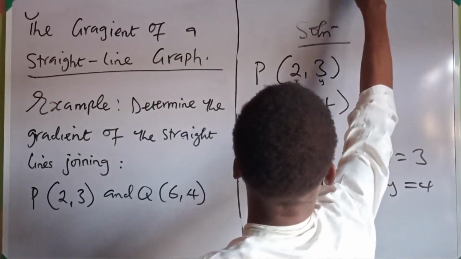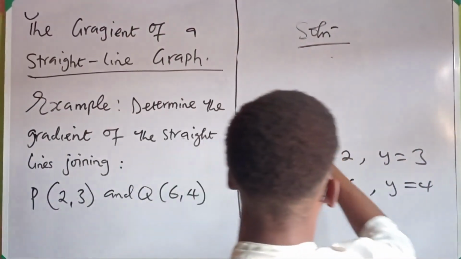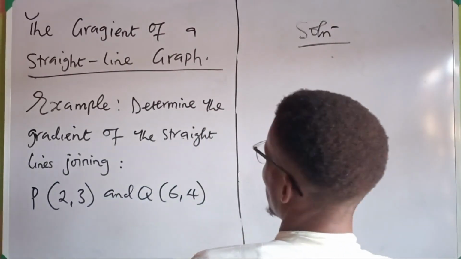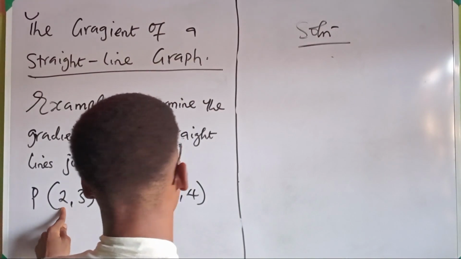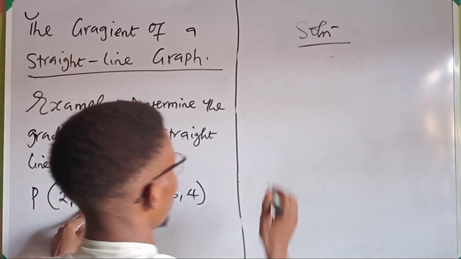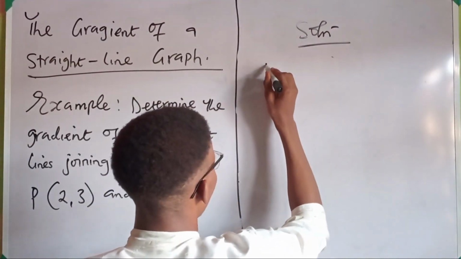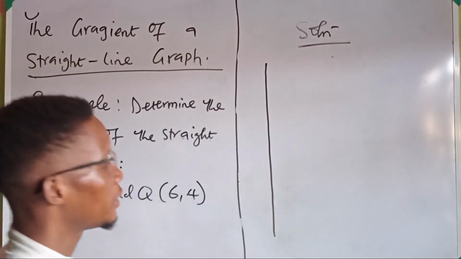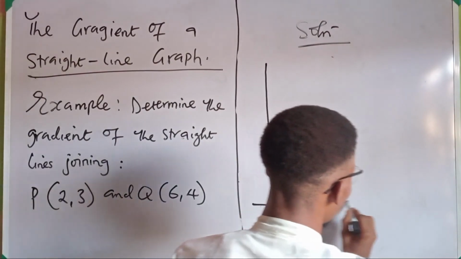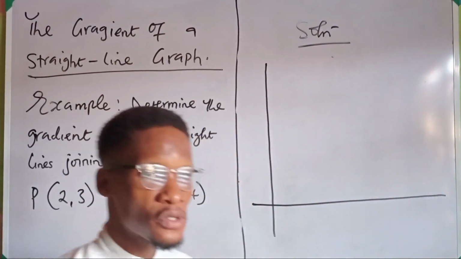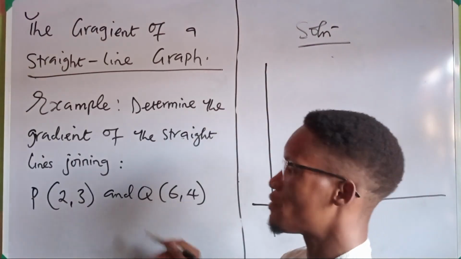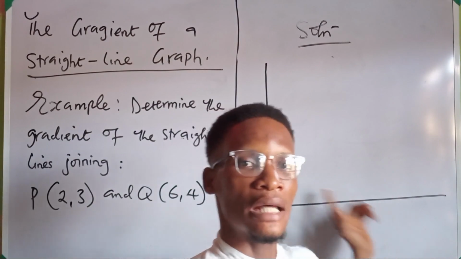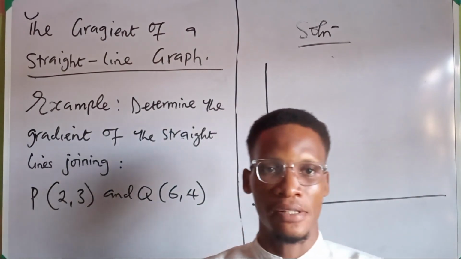So let's plot the graph. From what I've said, when X is 2, Y is 3. Let this be the vertical axis and here the horizontal axis. You choose a scale based on what is given here. I'm going to use a scale of 1, 2, 3, 4, the same scale for both the X and Y axes.